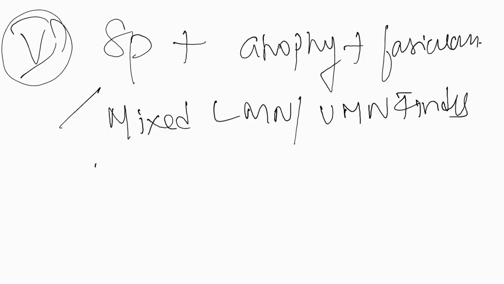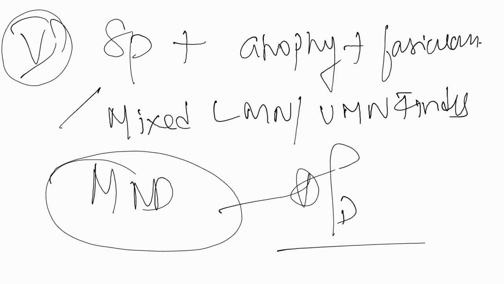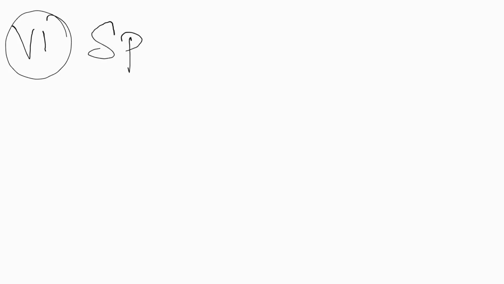This is going to be motor neuron disease and the differential diagnosis of motor neuron disease, which we will discuss in the topic of motor neuron disease. All right, next, number 6, there are some possibilities of spastic paraparesis. Okay, now you are getting a spastic paraparesis with fifth cranial nerve involvement.